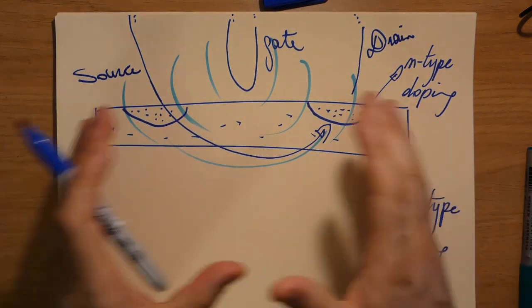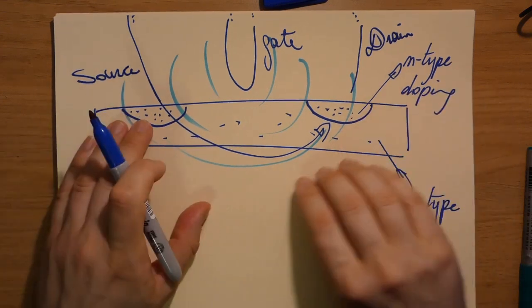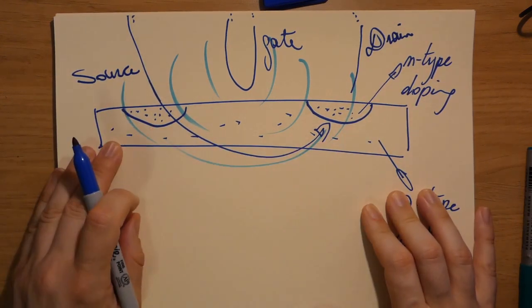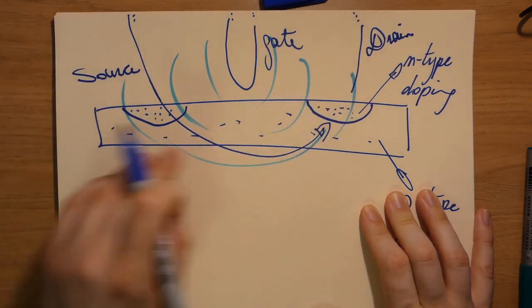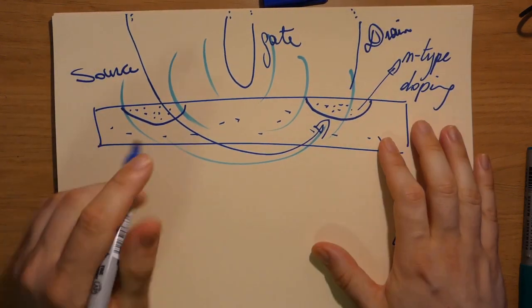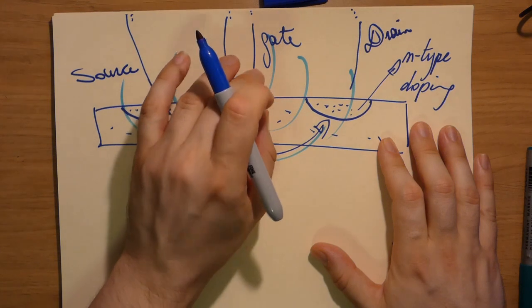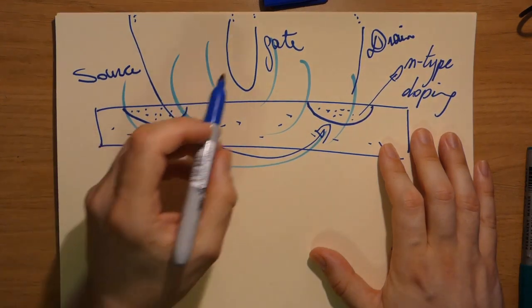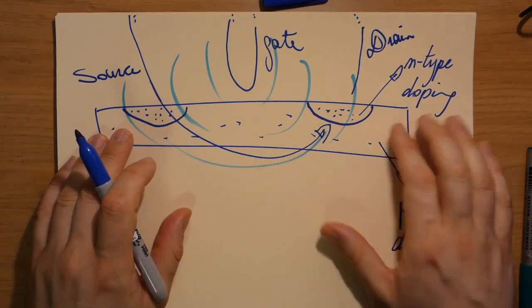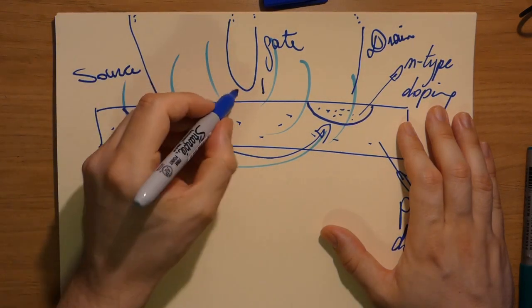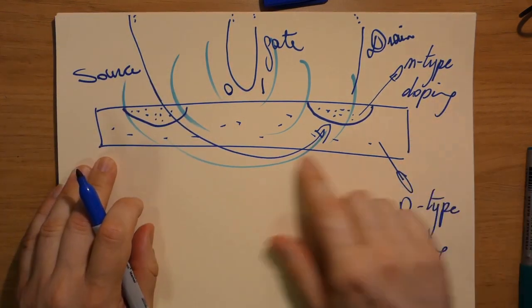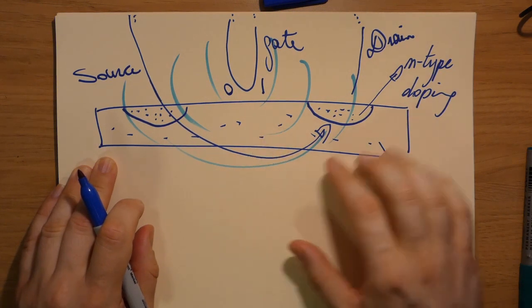There's many different types of transistors, but in this type, the electrons flow from the source through the gate when the gate is electrified. So when the gate is turned on, we can represent this with a 1. When the gate is turned off, we can represent this with a 0.